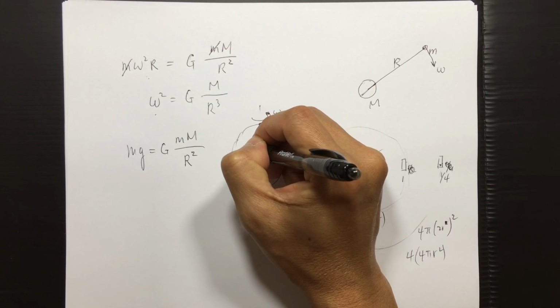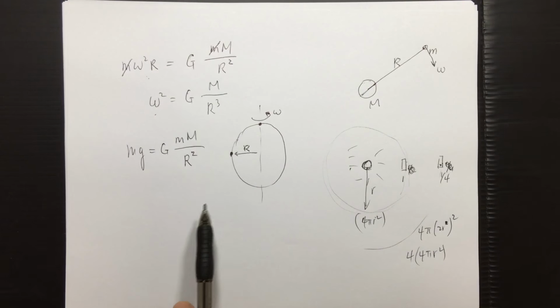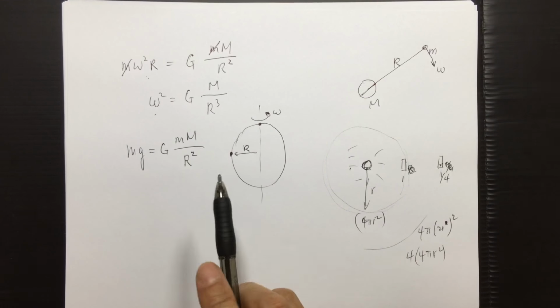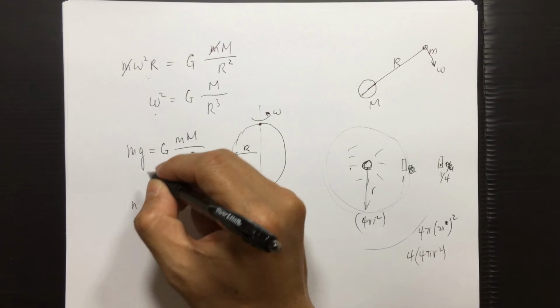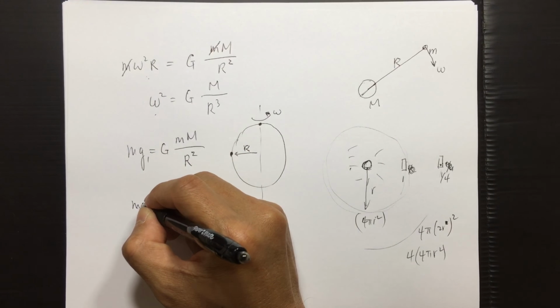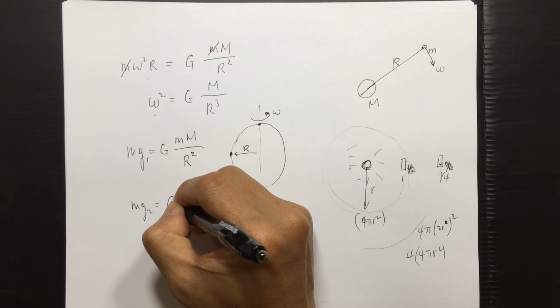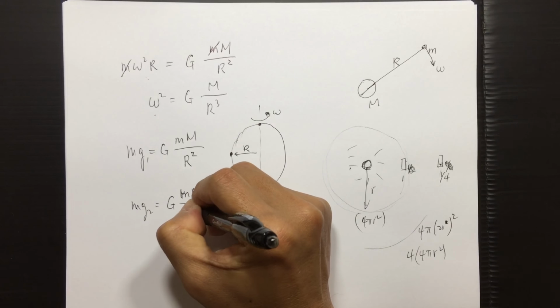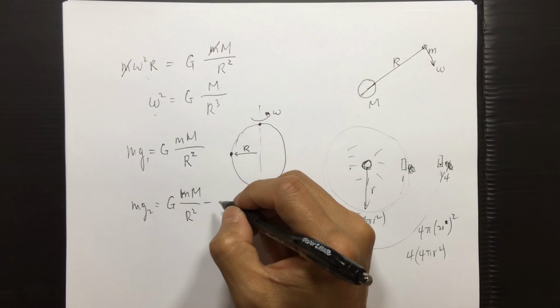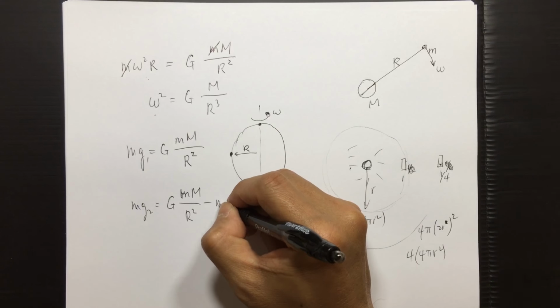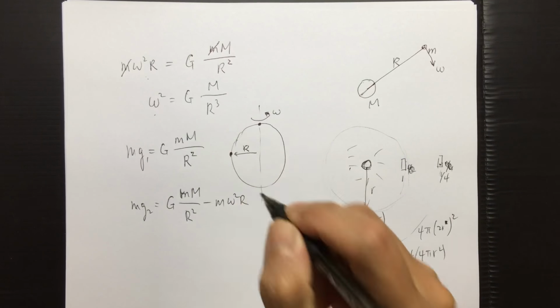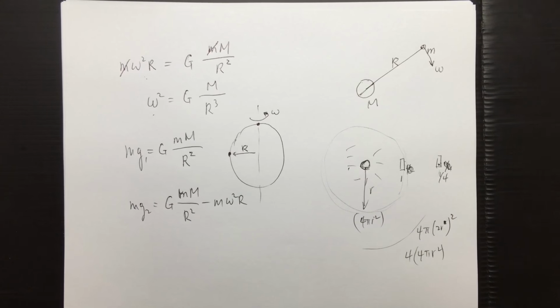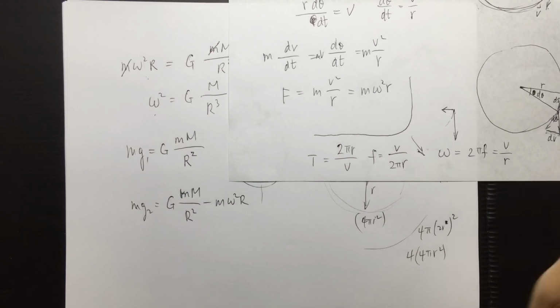Let's just use the big R, make it easier. But here there's another thing. Let's call this mg1. Same thing, but this has to minus this m omega squared R.